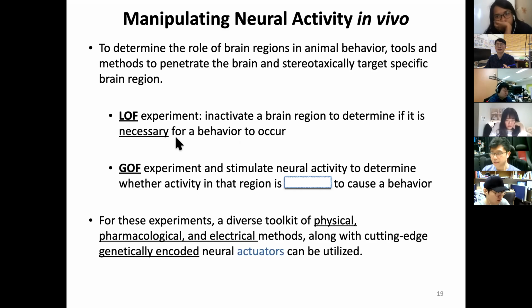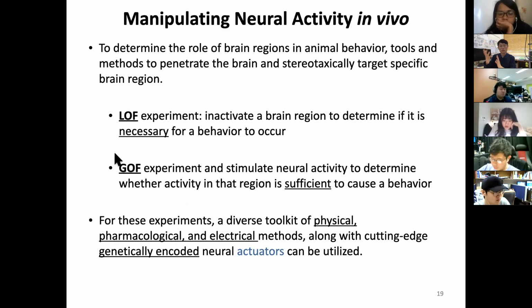On the other hand, there are gain of function experiments, where you stimulate neural activity. Let's say, this is hypothetical, you have neuromodulation of a specific brain region, and then you realize the memory boosts up, okay? Then you can conclude that stimulating that particular region is sufficient to cause a behavior.